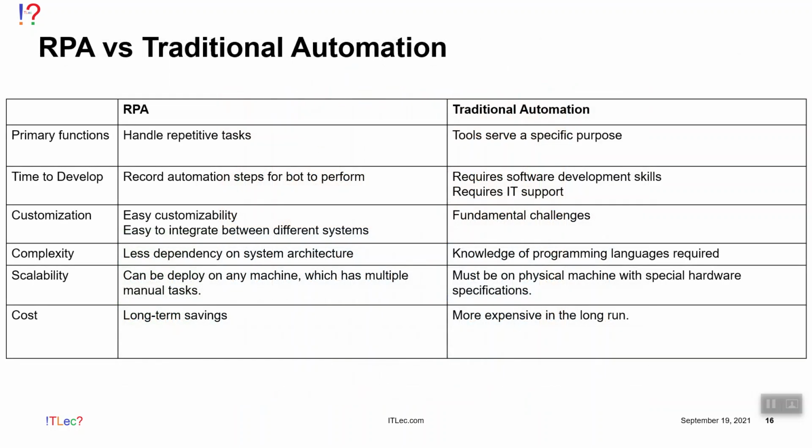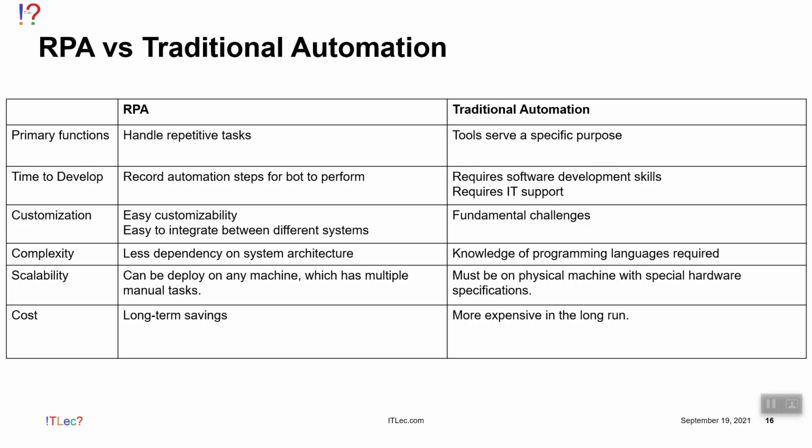Here we have RPA versus traditional automation. The differences: primary function. In RPA, we handle repetitive tasks. In traditional automation, we have tools to serve a specific purpose.